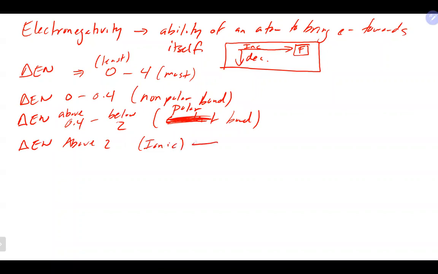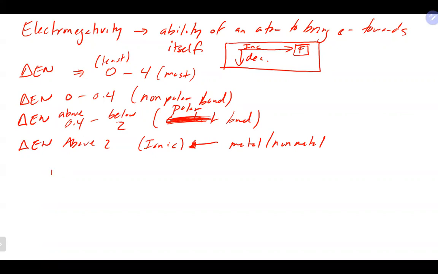Remember that you really don't need electronegativity values to determine that. As soon as you see it's a metal and a non-metal, that's pretty much all you need. Remember as well that there are some combinations of metals and non-metals with an electronegativity difference of less than 2 that are ionic. So go by metal and non-metal for ionic, and use electronegativity values to help you determine covalent or nonpolar bonding.